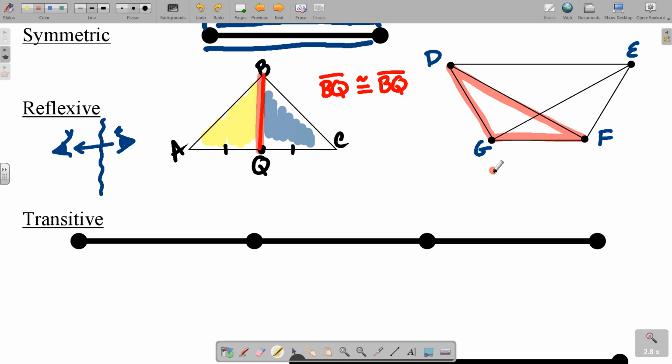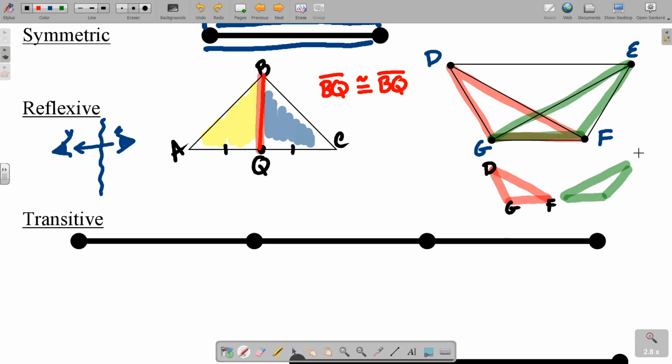We're going to pull it apart here in baby form. And then you have this triangle, the green one. Pull it apart. Let's bring our letters over. Red triangle was DGF. The green triangle was EFG.